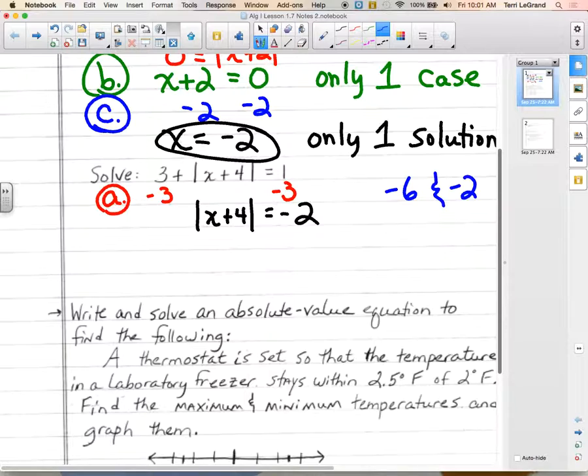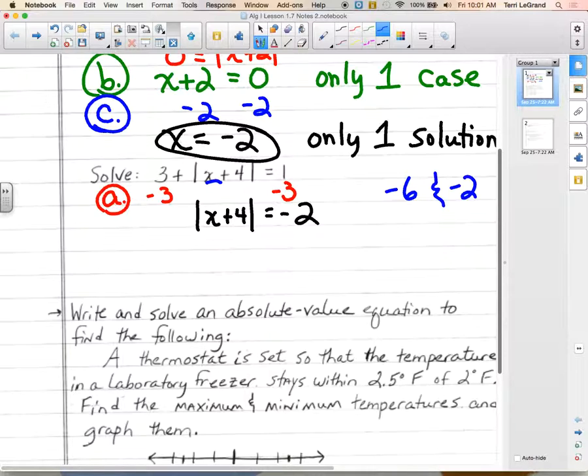Because we put -6 in and added 4 to it, we get -2, so now we have the absolute value of -2. What is that? It's 2, isn't it? Isn't -2 2 units of distance from 0?